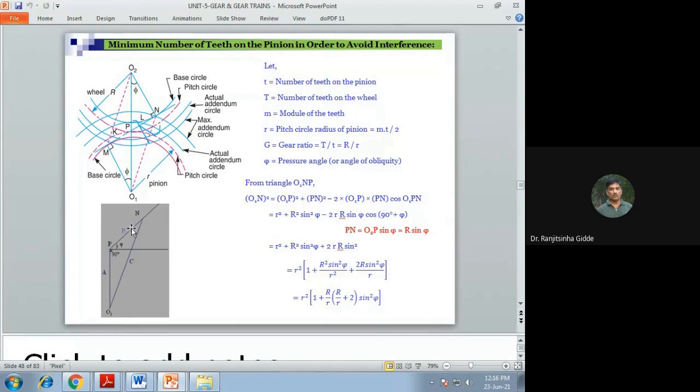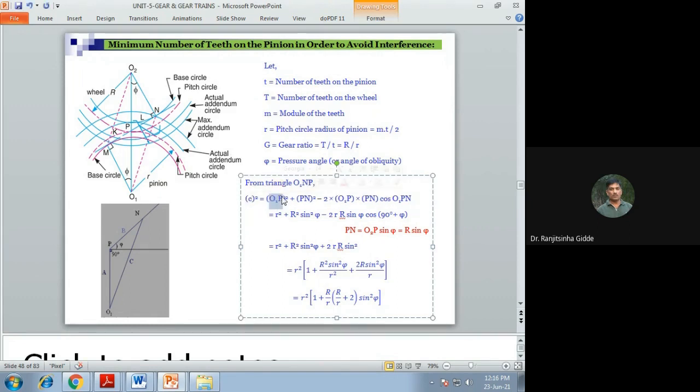With the help of this triangle, we can write O1N as c, this side as a, and this side as b, and here 2 times a into b and the angle. That is, c square is equal to a square plus b square minus 2ab cos of this angle.